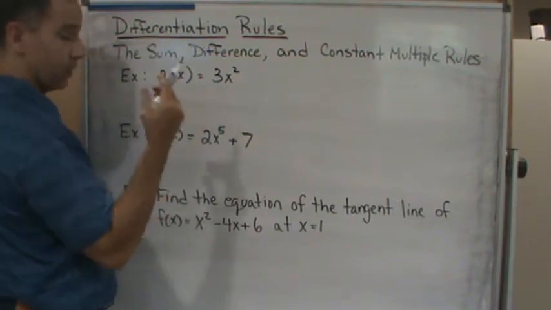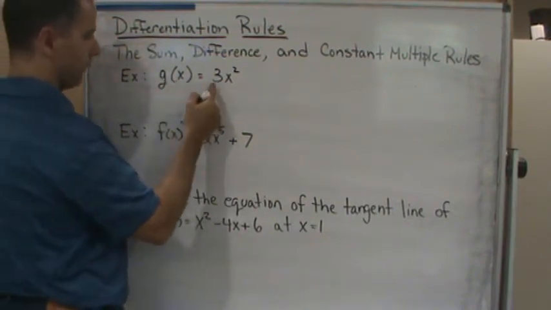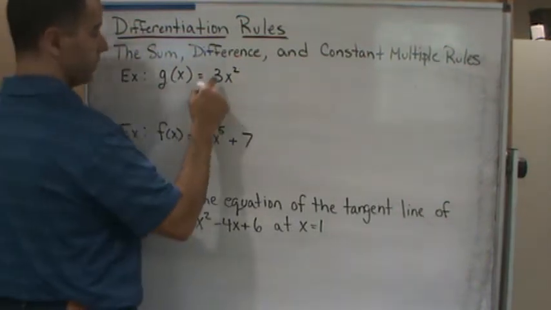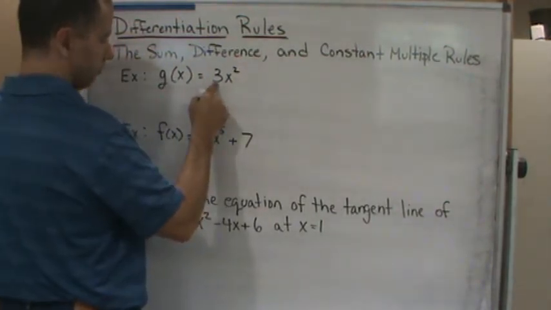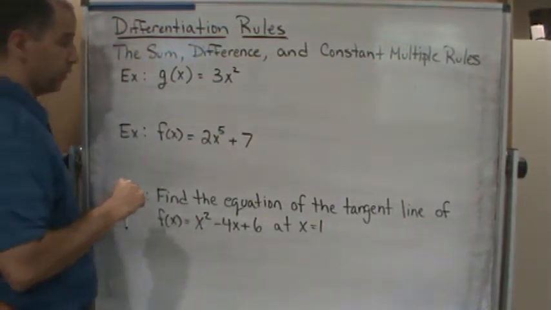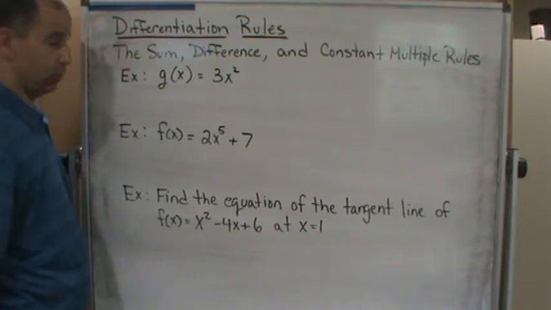So the thing is we're going to use two of the rules because we have a constant multiplied by a function. So we're going to use the constant multiple rule, and then we're also going to use the power rule.